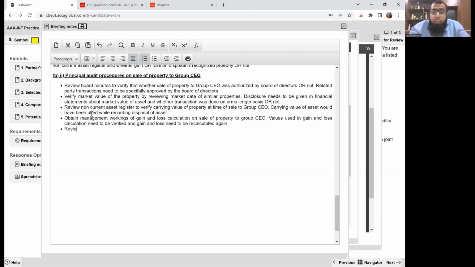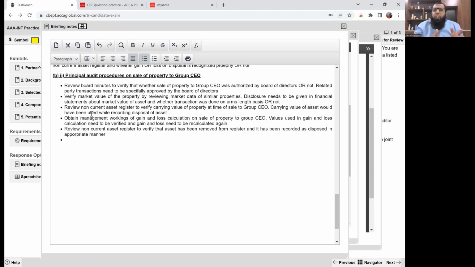Review the non-current asset register to verify that the asset has been removed from the register and has been recorded as disposed in an appropriate manner. Make sure that it's removed from the NCA register. Make sure that its depreciation is not charged in the current period.